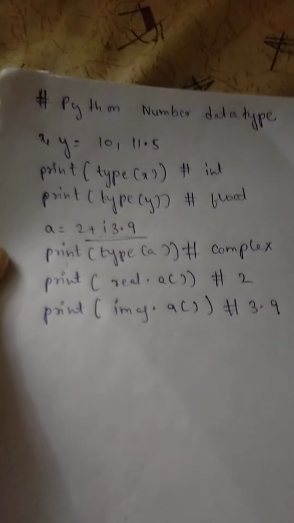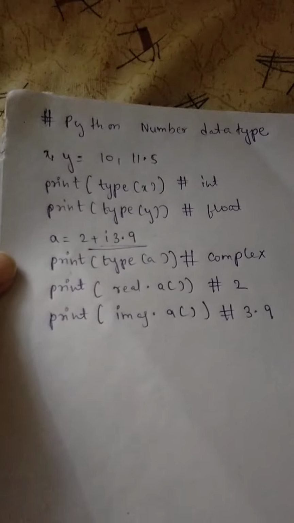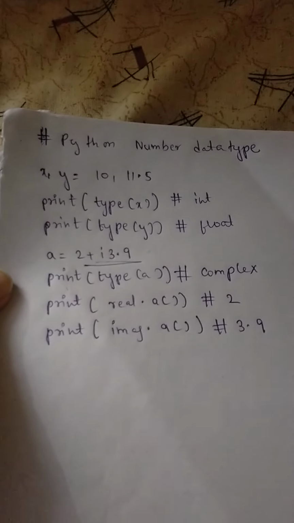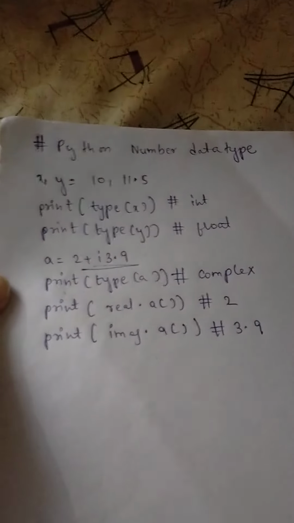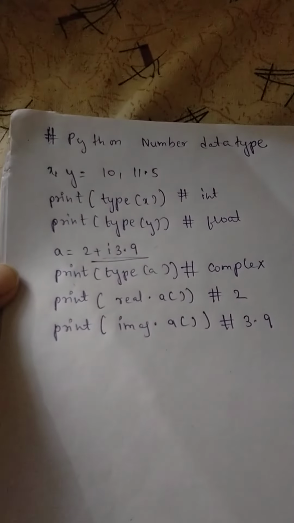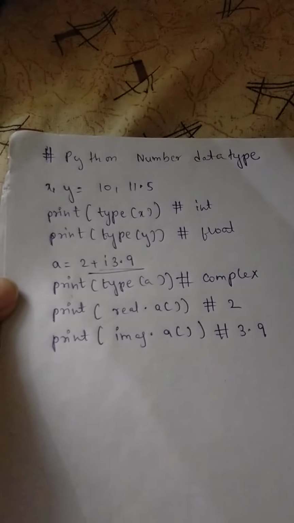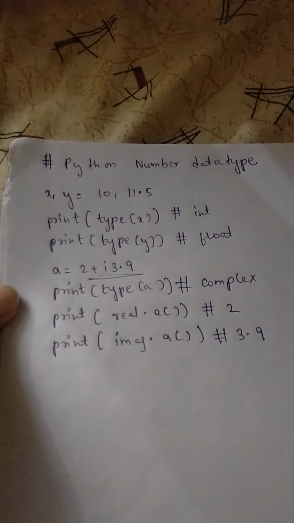In the next line I have used multiple assignment. That is, I have assigned x the value 10 and y the value 11.5. Now I am going to print the data type of x and y. To print the data type of x and y, we use the predefined function called type. This type function returns the data type of a variable.